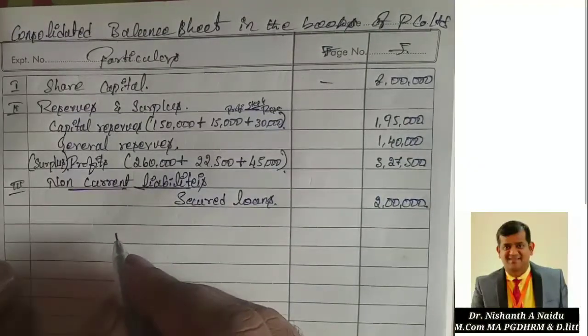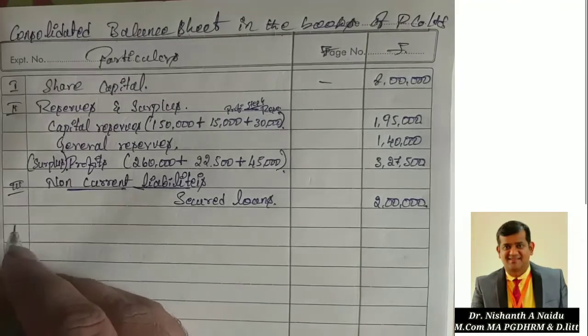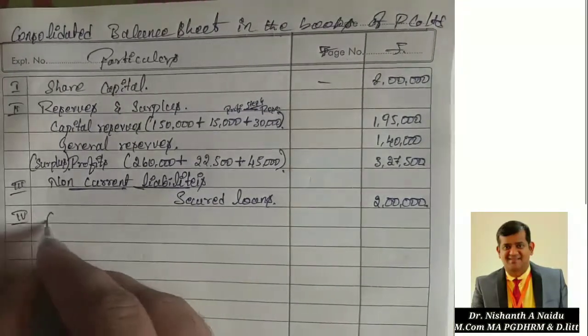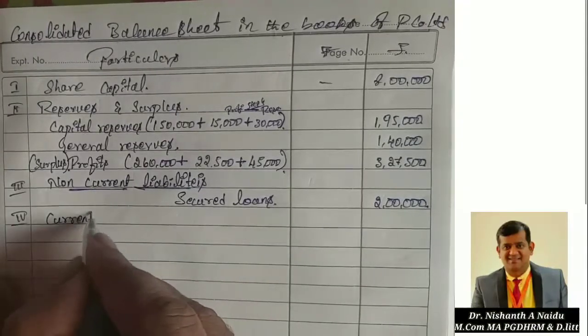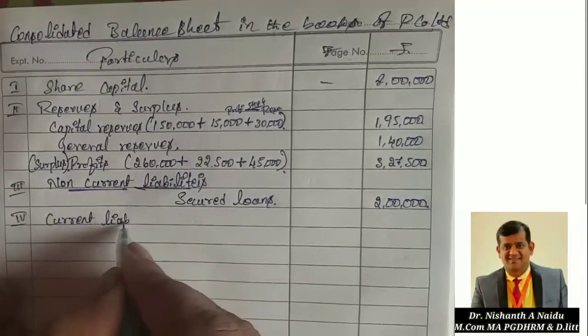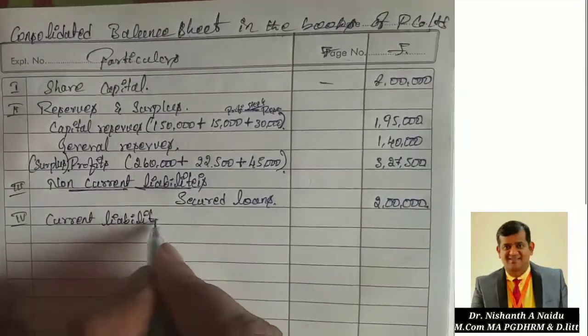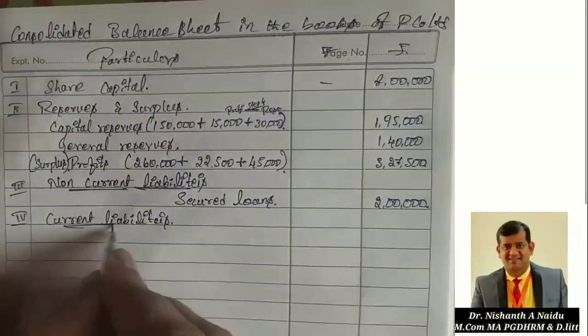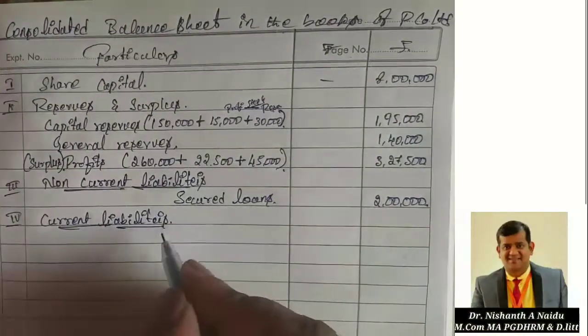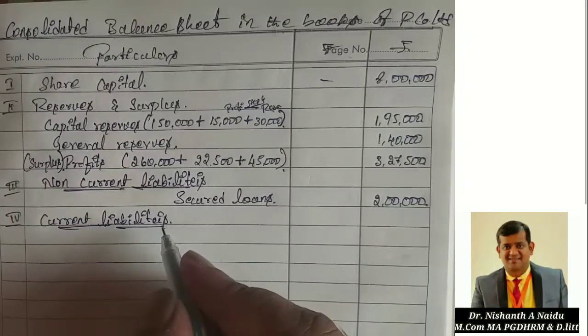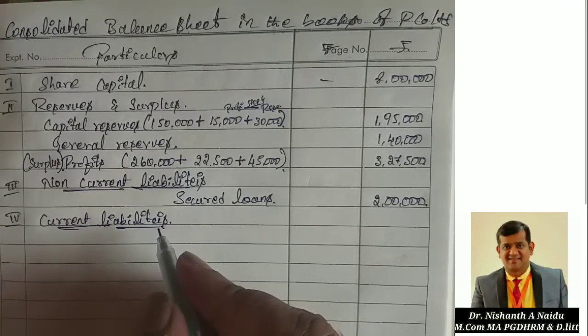Then after that only one item is there. Then after that we have to go for current liabilities. Fourth one, current liabilities. So current liabilities, what are all he has given as a current liabilities? Check out the problem.